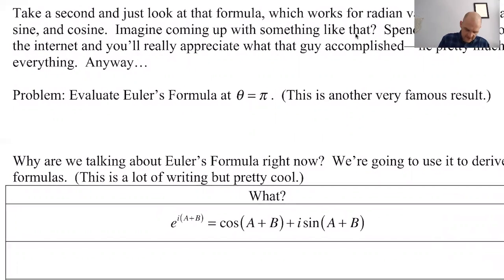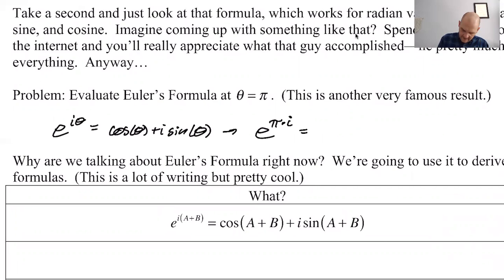So here's a thing. We know that e to the i theta is going to be cosine theta plus i sine theta. All right, so e to the, I'm going to say pi times i, e to the pi i is cosine of pi plus i sine. Ooh, I forgot the i.